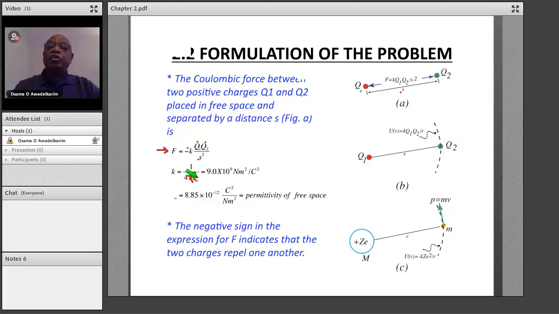K is equal to 9 times 10 to 9 Newton meter squared per coulomb squared.